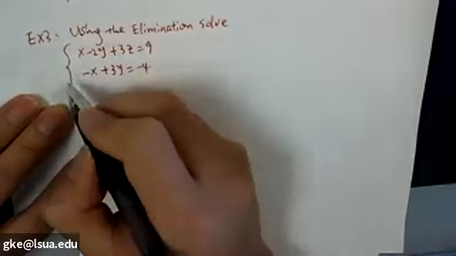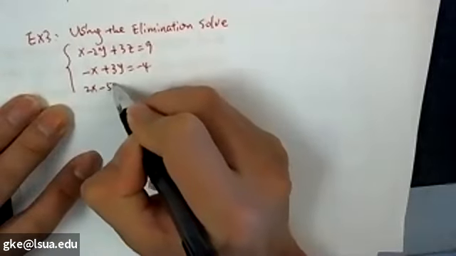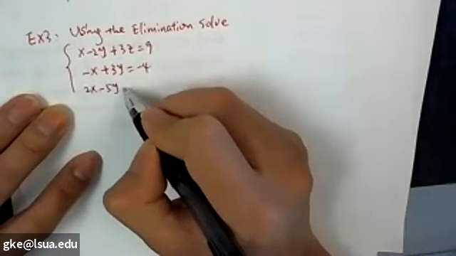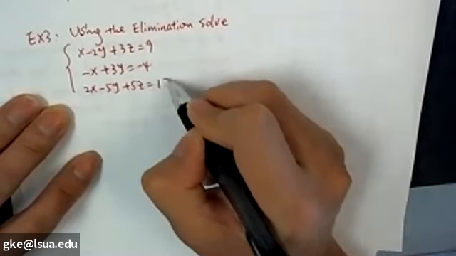Negative x plus 3y plus z equals negative 4. 2x minus 5y plus 5z equals 17.